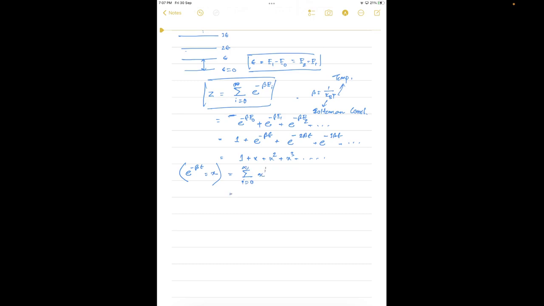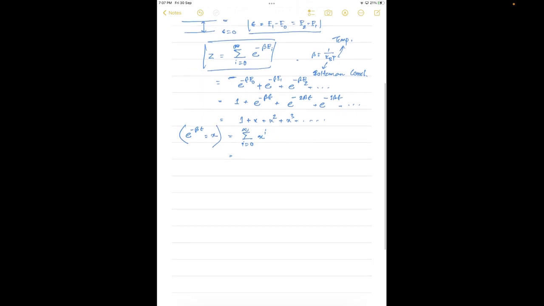So this is actually an infinite series. The algebraic expression for this infinite series is 1 divided by 1 minus x, or 1 minus x inverse. Now we can just put in the value of x.